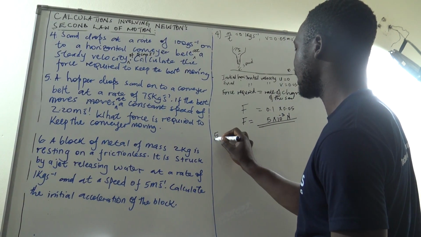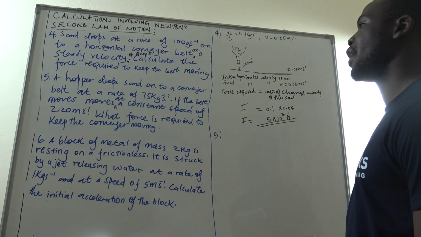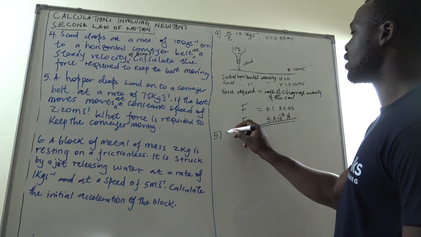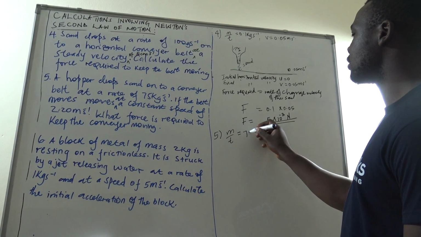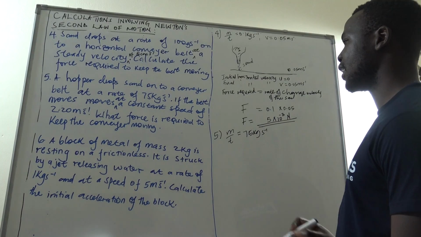Now let us answer question 5. Question 5 says a hopper drops sand onto a conveyor belt, again, they have given us mass rate as 75 kilograms per second.